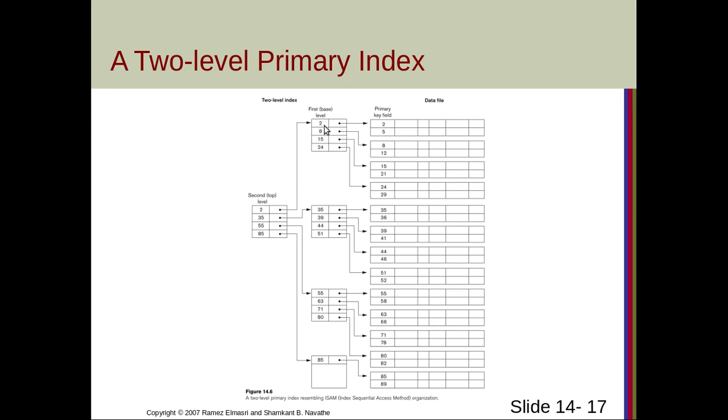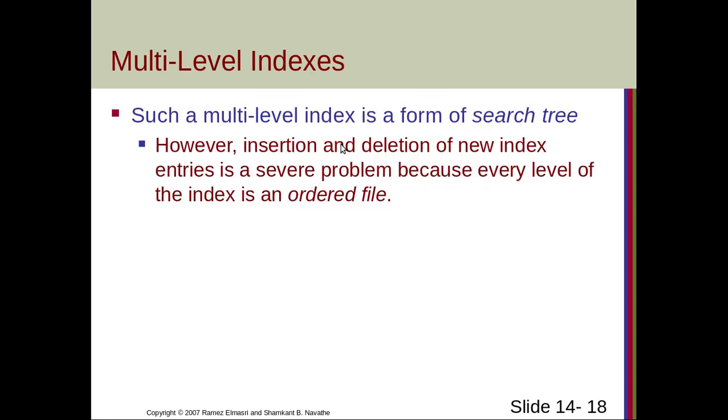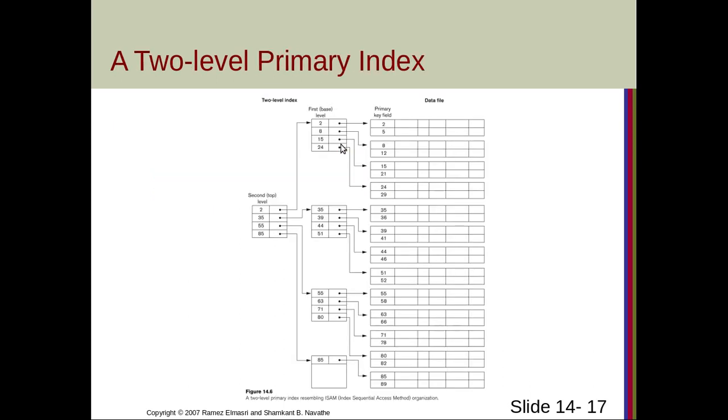That means 2 to 7 will be in the first block, 8 to 14 will be in the second block, 15 to 23 will be in the third block, and 24 to 29 in the next block.